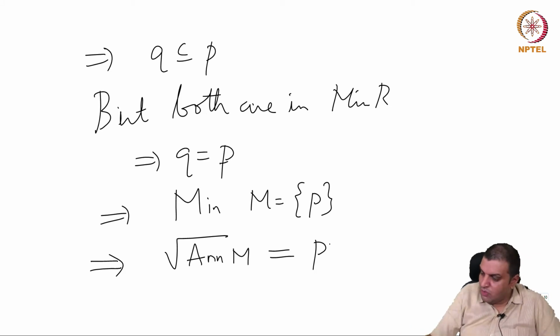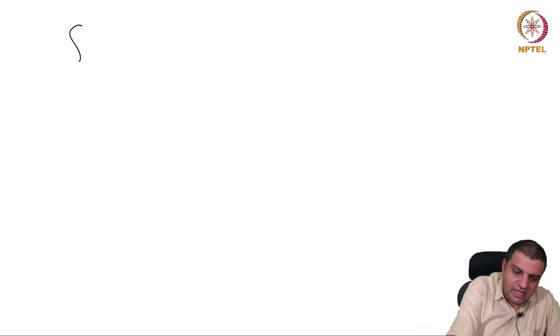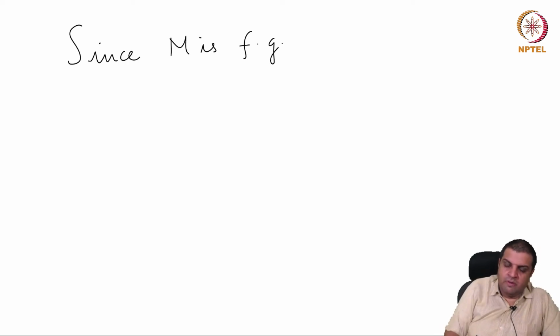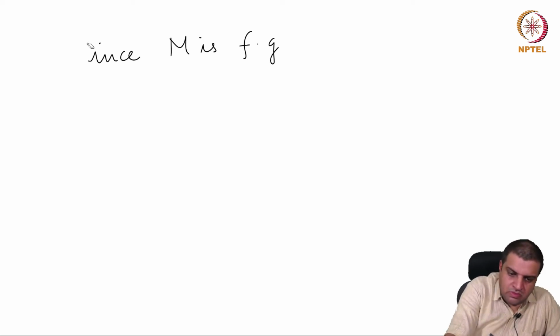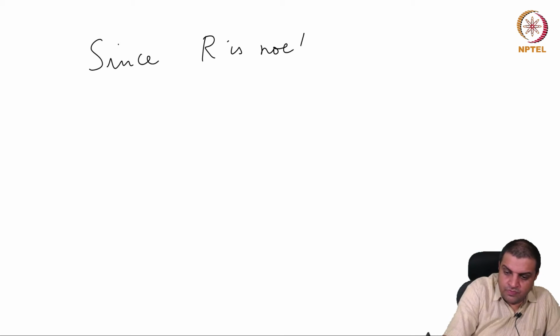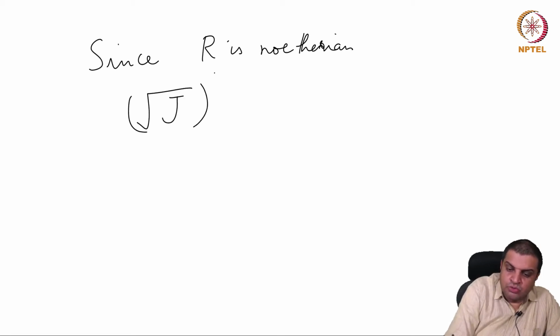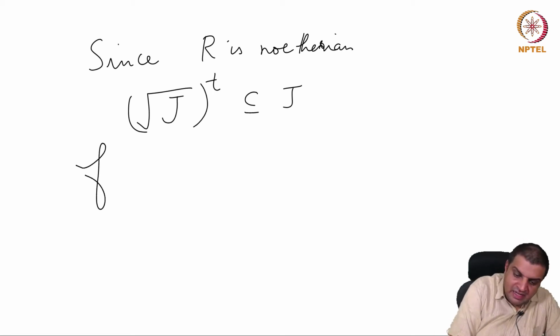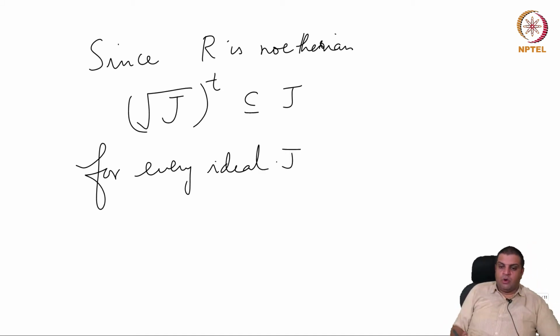Now we can observe the following. Since R is Noetherian, the radical of J to the t is inside J for every ideal J. What one needs is that the radical is finitely generated.